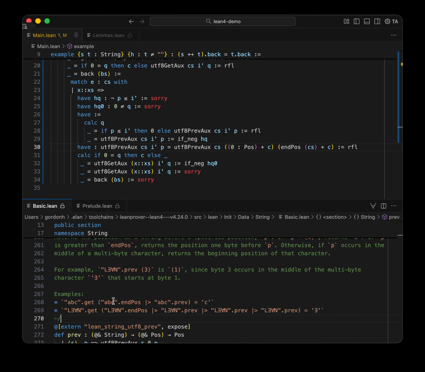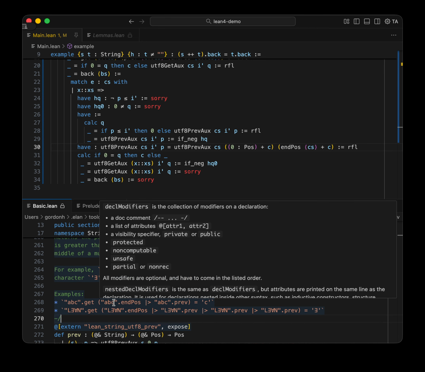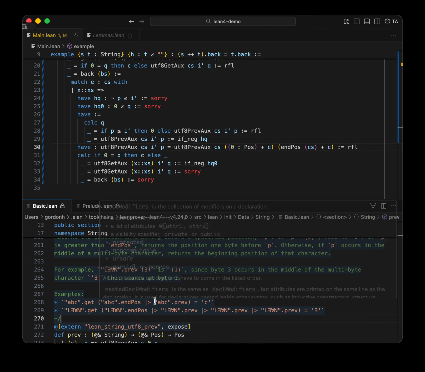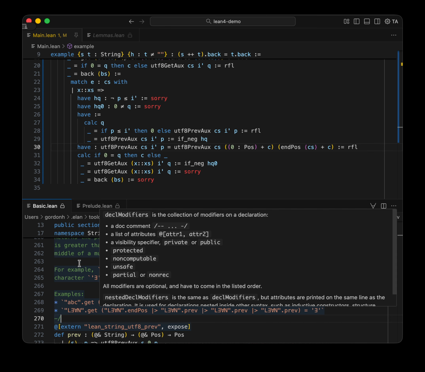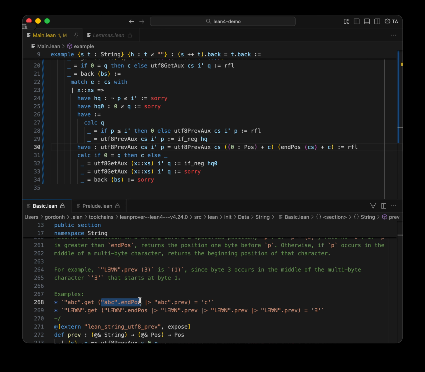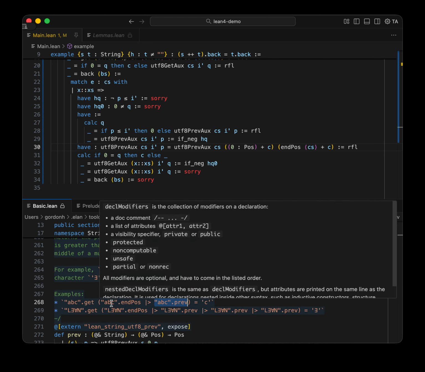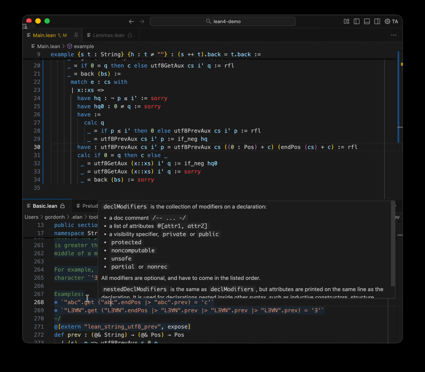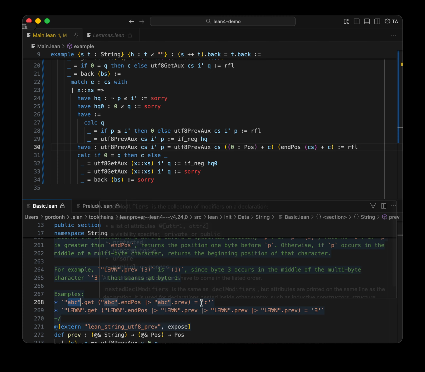Its ending position would be the position immediately after C, and then taking the previous position of this last position should give you the position right before C, so that when you get the character at that position inside the same string, it gives you the character C.